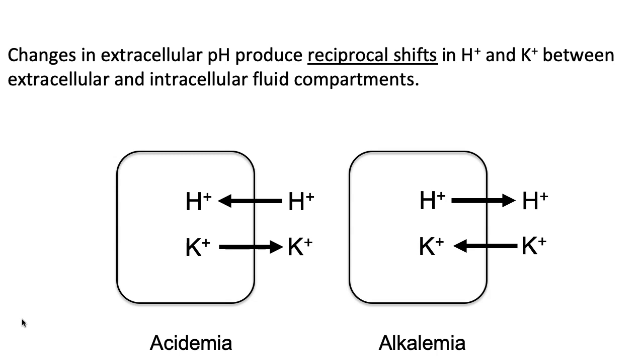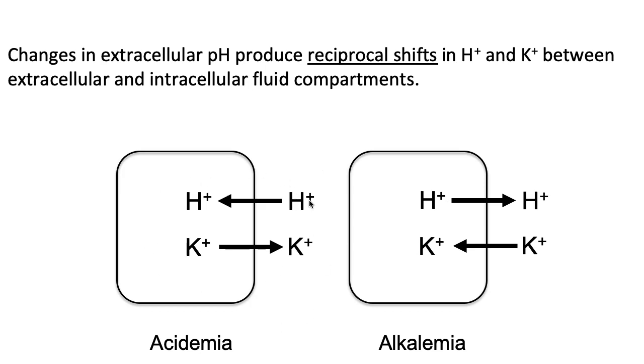So acid-base balance. So think about this. Changes in the extracellular pH will produce these reciprocal shifts in potassium and hydrogen ions between the two compartments. And so I want you to imagine on our cells this happening.